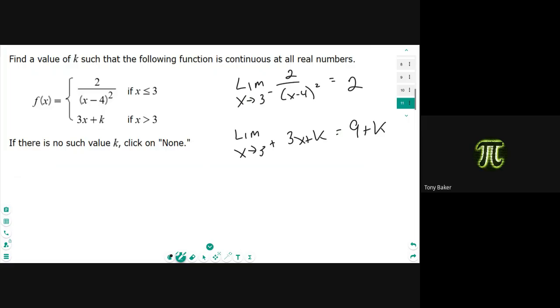Does everybody understand where I got the 2? Does everybody understand where I got the 9 plus k? For this to be continuous, those have to be equal. So I would set 9 plus k equals 2. So k has to be -7.